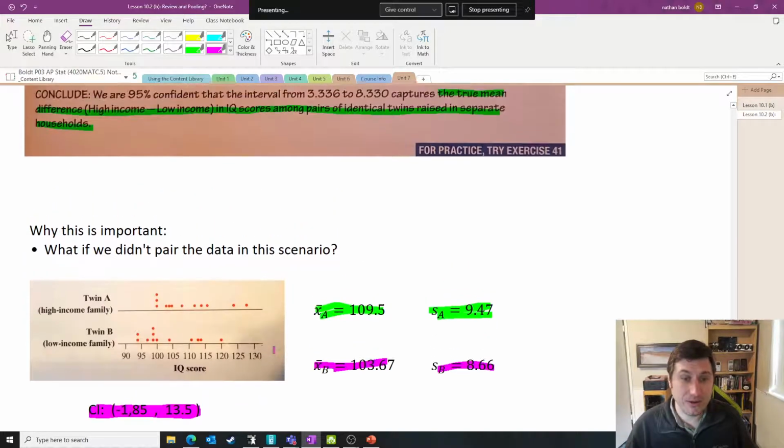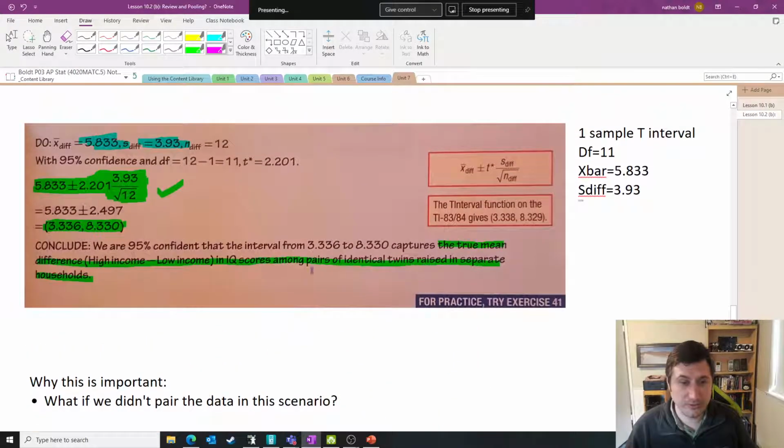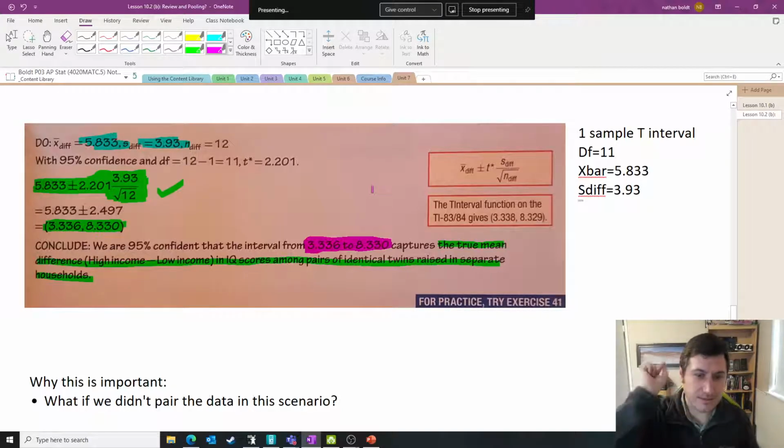Whereas when we paired them up, take a look at this answer. 3.3 to 8.3. See, that's a much narrower interval. And 0 is not in the interval. So we do have convincing evidence that the twin from the higher income had a higher IQ than the twin with the lower income.